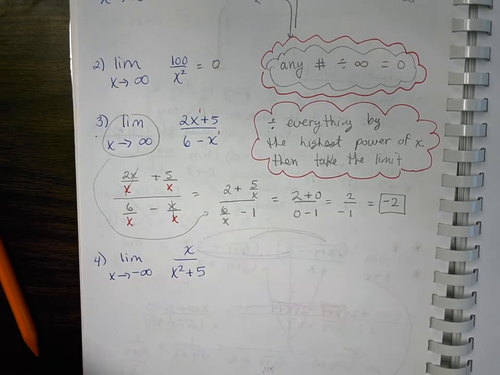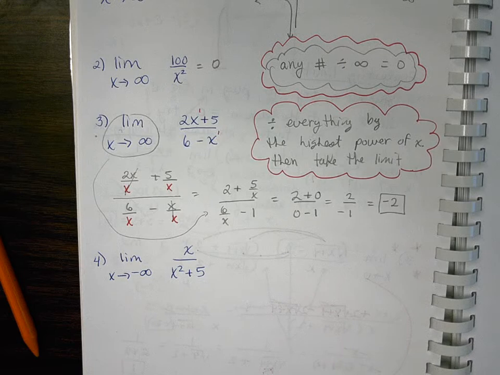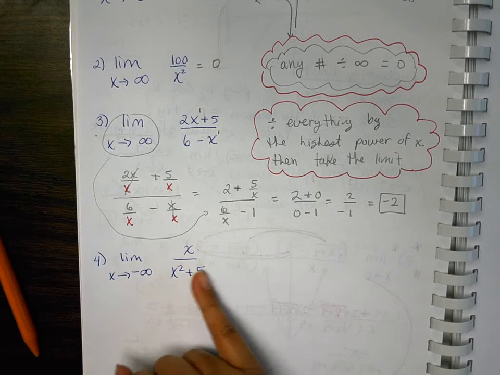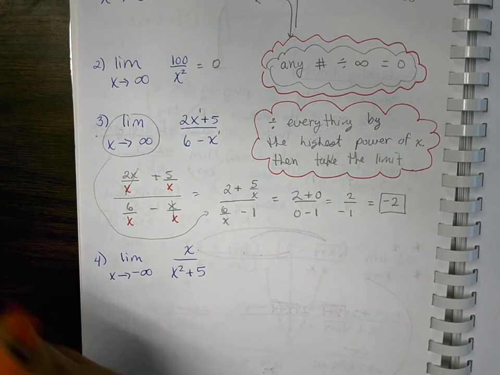Oh. All right, x over x squared plus 5. The limit as x approaches negative infinity of x over x squared plus 5. All right. What did I say earlier about plus or minus infinity? Does it matter? No, they work the same way. Okay.